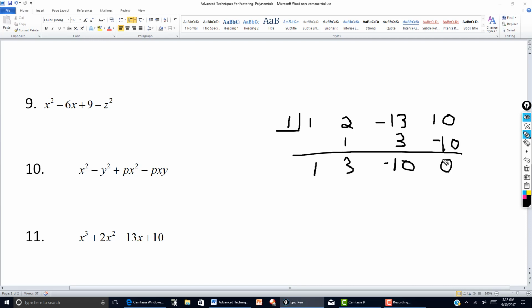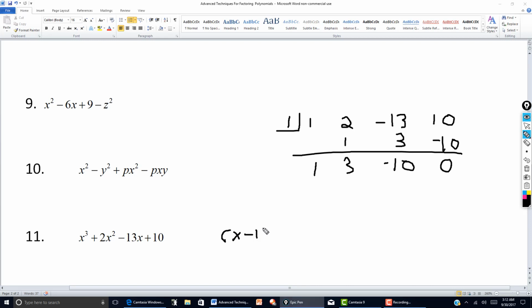Now, since I get a 0 here when I add these, that tells me that 1 is a 0 of the polynomial.